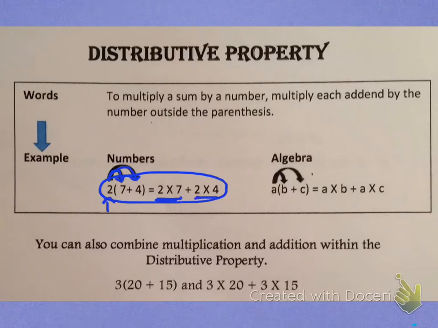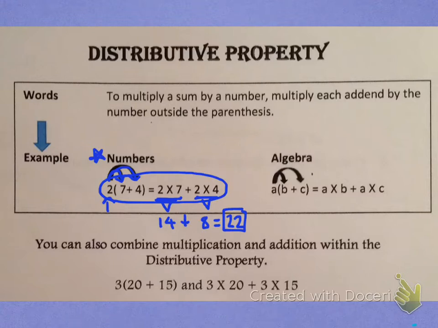After we multiply those, 2 times 7 is 14, and 2 times 4 is 8, we would add those together to get 22, and that would be our answer for the distributive property using numbers.